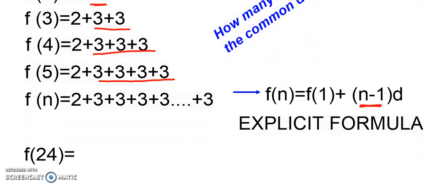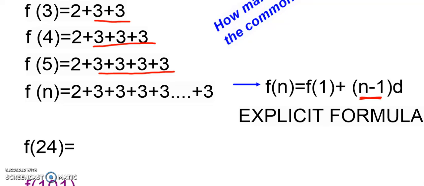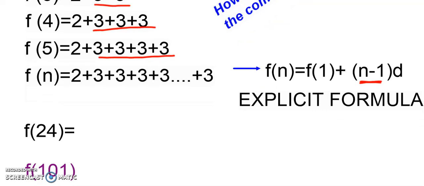So if I want to find f of 24, here's how we do it. We take the very first term, f of 1, and I'm just going to write this out a little more generally.